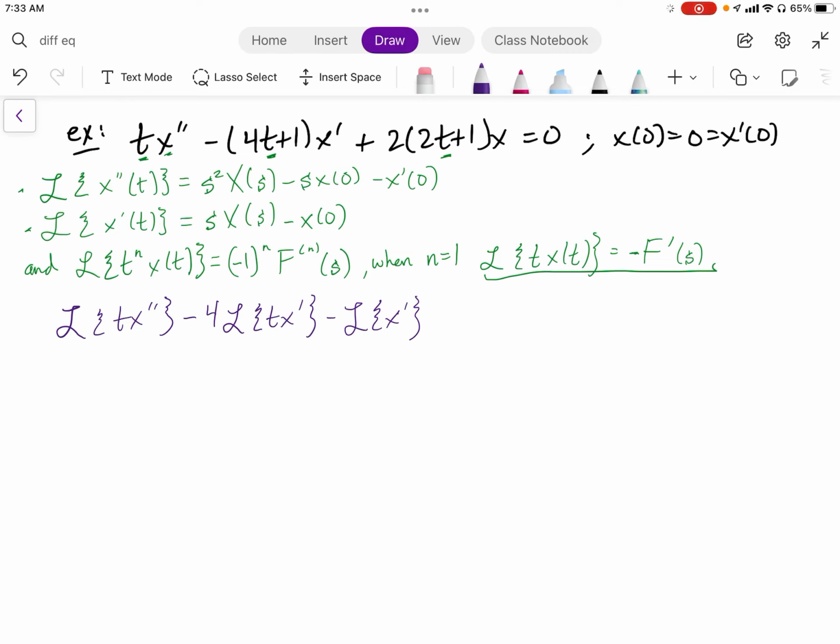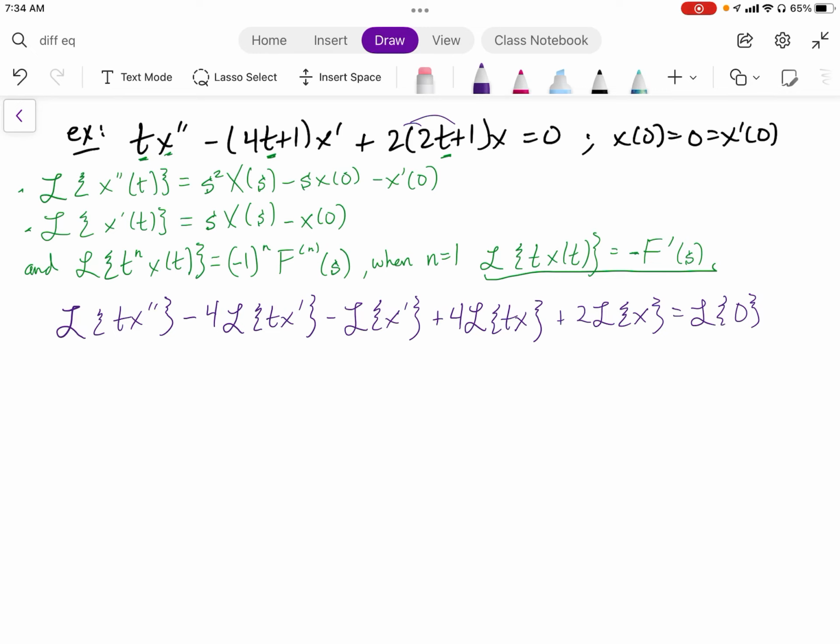Okay, and then we have plus 4tx, so plus 4 Laplace tx. And then we have plus 2x, right? I'm looking here last. So plus 2 Laplace of x. And of course we have Laplace of 0. Laplace of 0 is just 0.